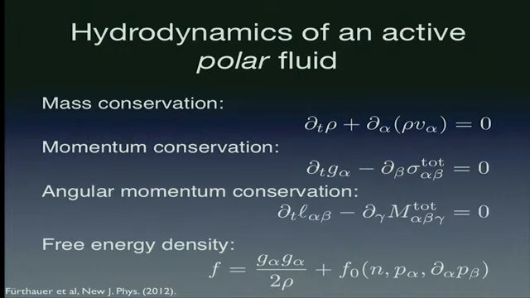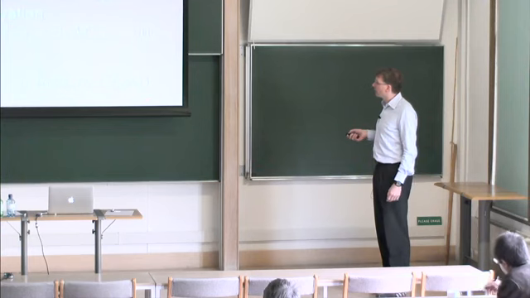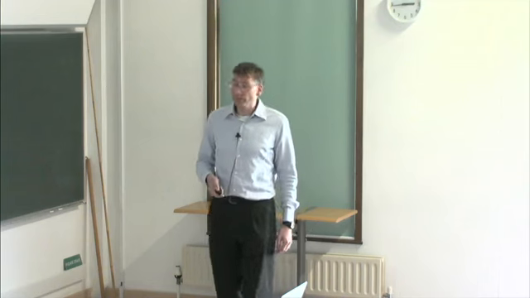It's a pity that Daryl isn't here, because there's one remark I would like to make for him, but I'll come to that. So again, we start with mass conservation, momentum conservation, and now we will have to take into account also angular momentum conservation, and the free energy will depend now not only on the density of our fluid, but also on the orientation, so on the polarization vector and derivatives of the polarization vector.